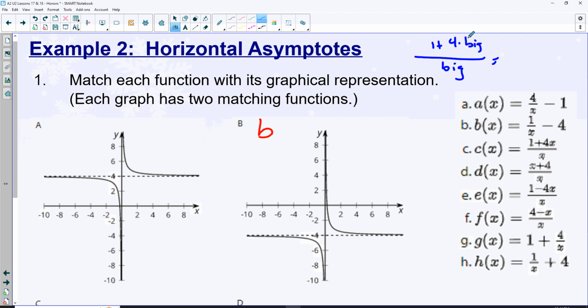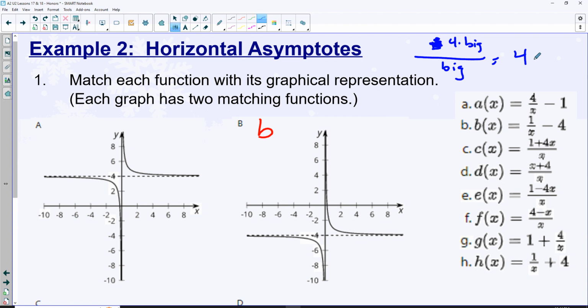Well, let's see. If I take a big number and I multiply it by 4, I get 4 times that big number. But what happens when I add 1? Really nothing, right? So adding 1 to a huge number isn't going to change much. So this 1 kind of goes away. And what I end up with is 4 times big over big, which is equal to 4.